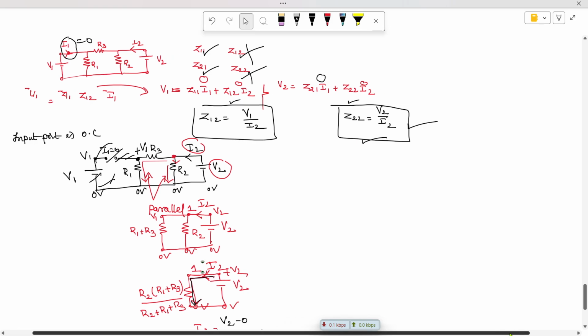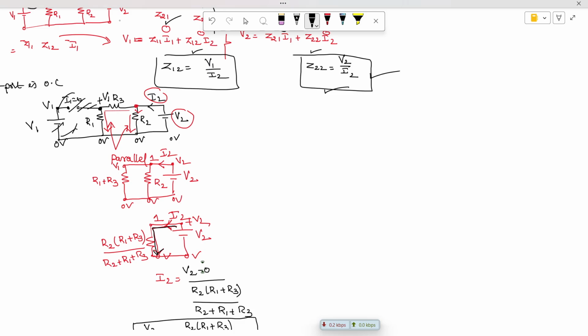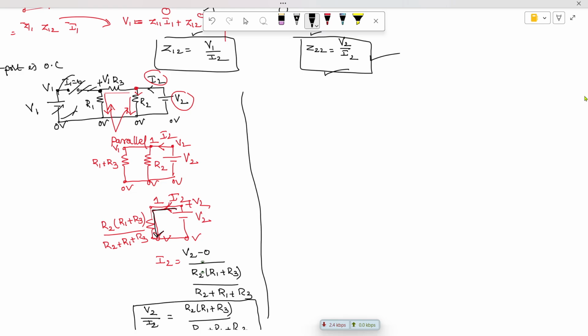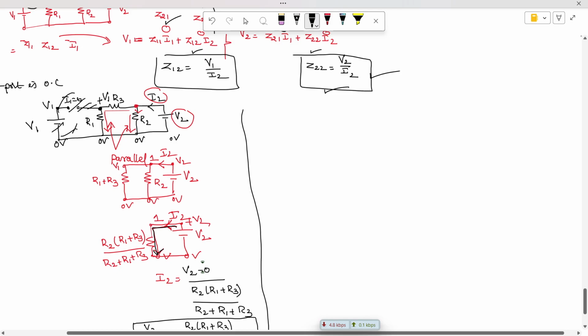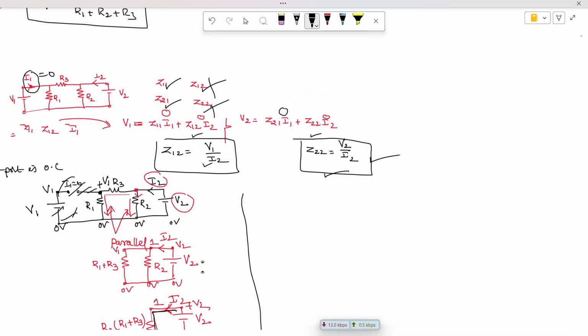So how to find this parameter? It is V2 by I2. So here in this network, the same network we are going to draw like this.